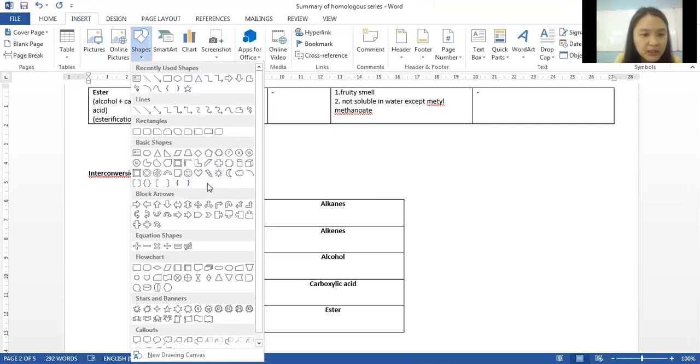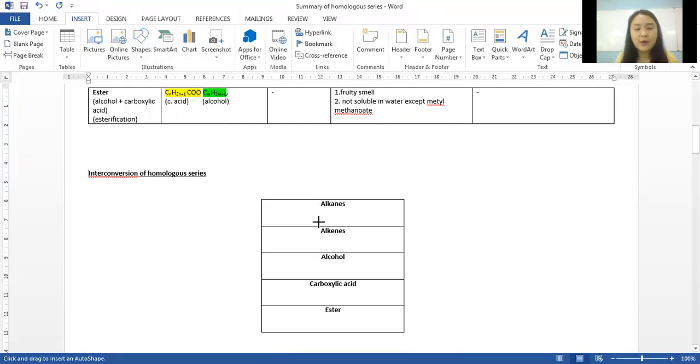For homologous series, the first one, alkanes, due to the fact that it is very saturated, is not able to turn into any homologous series. However, alkenes have the potential to turn into other homologous series.